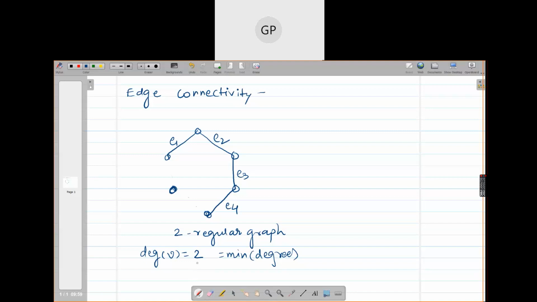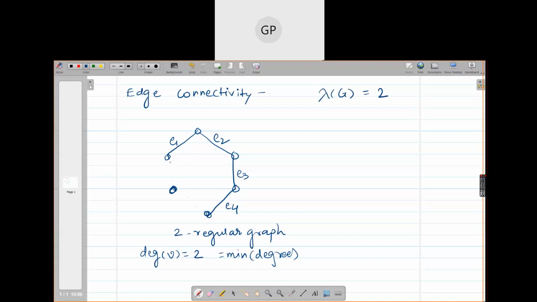That number is denoted by lambda G, and here it is 2. Have you understood this? Yes, ma'am.